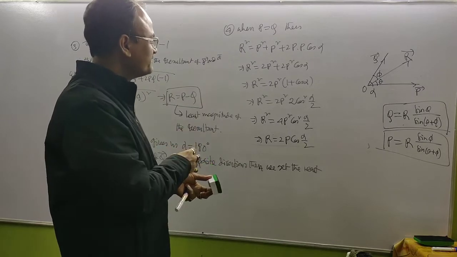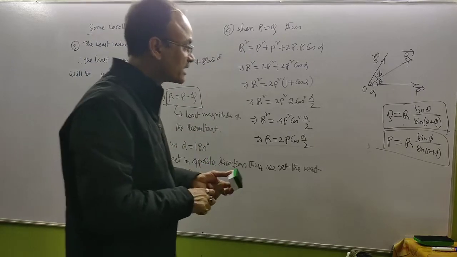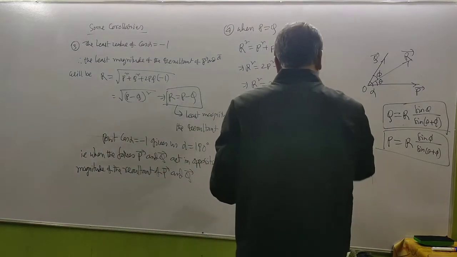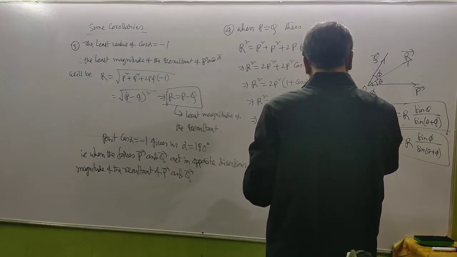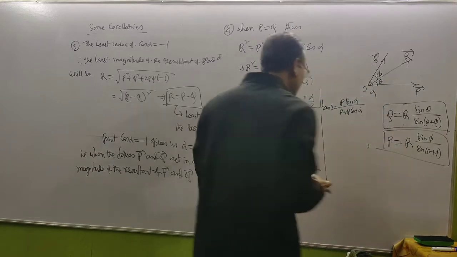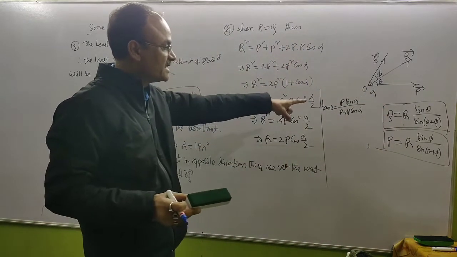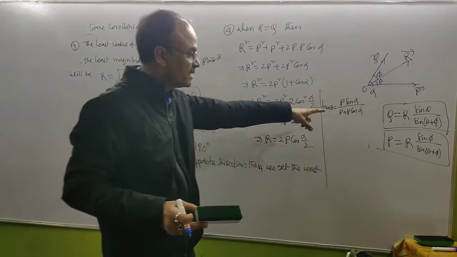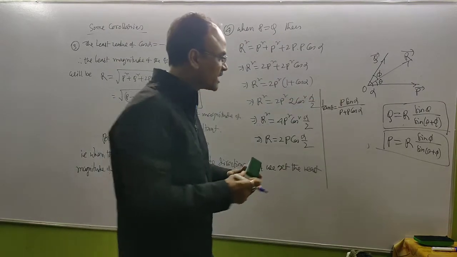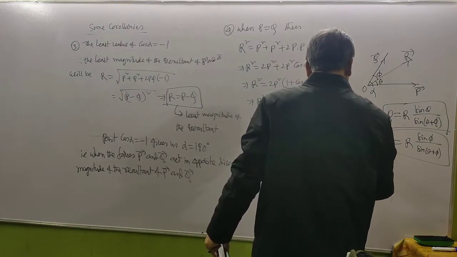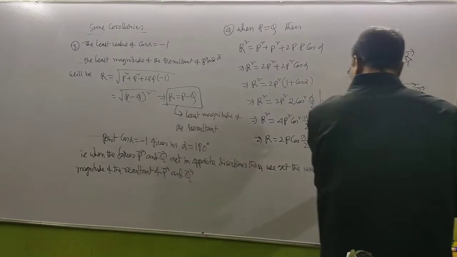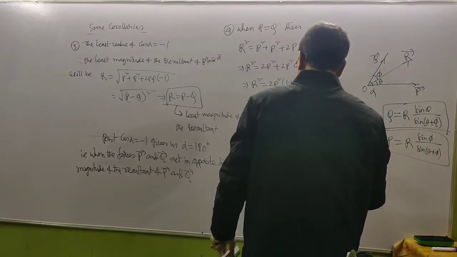If p is equal to q, then we will get this one. Also, at that time tan theta is equal to q sin alpha divided by p plus q cos alpha. Since q is equal to p in both cases, tan theta is equal to p sin alpha divided by p plus p cos alpha. The p will be cancelled, so this is sin alpha divided by 1 plus cos alpha.